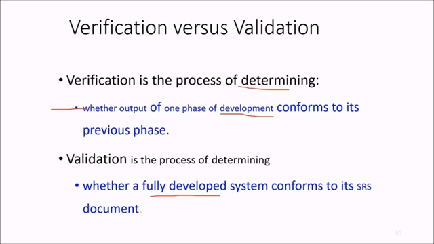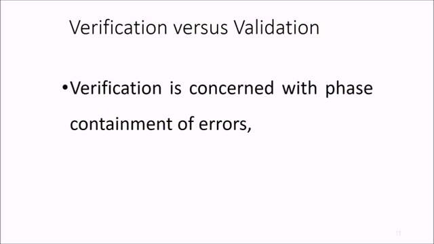So verification means if 2 plus 3 has to be 5, it has to be 5. But it does not tell that the customer has asked not for 2 plus 3, but for 2 into 3. This is checked in validation. So verification is whether you are making the product right. Validation is whether you are making the right product, and this can only be confirmed when it complies with the SRS document.